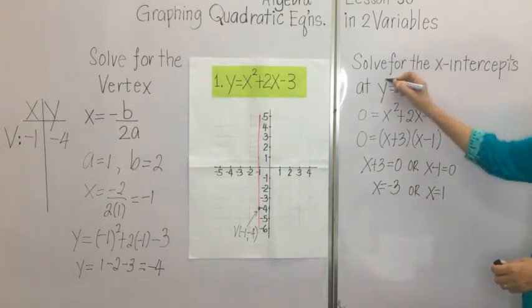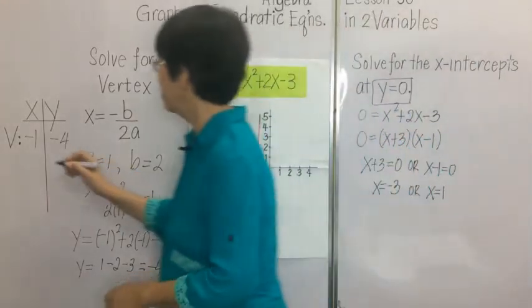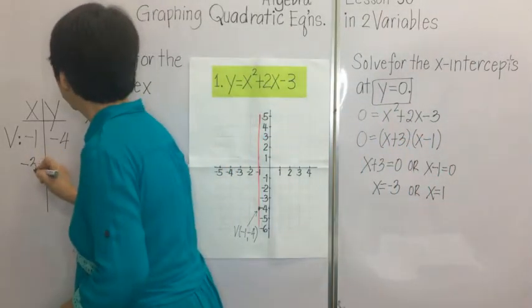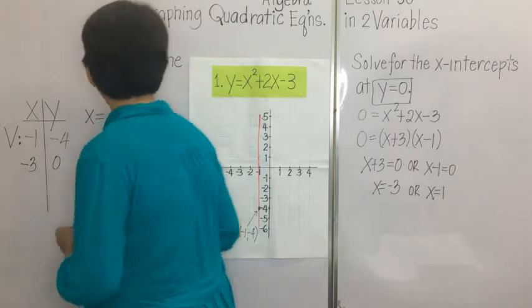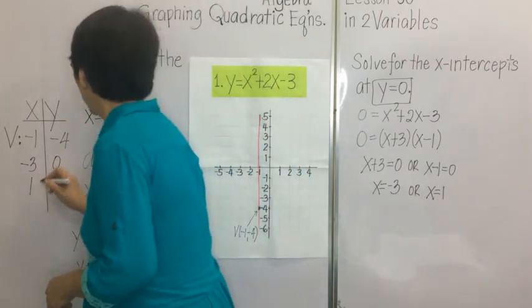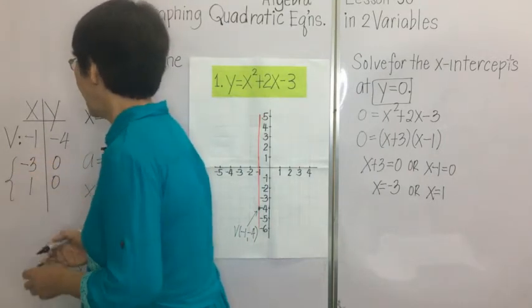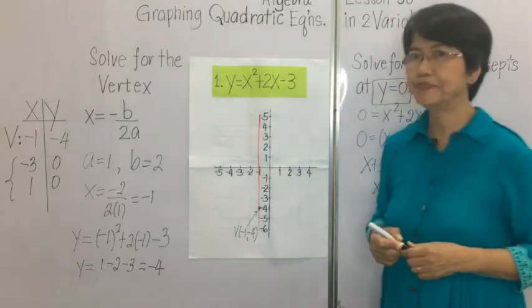And our value for y is 0. So we have negative 3, 0, and 1, 0. So these are our x-intercepts.